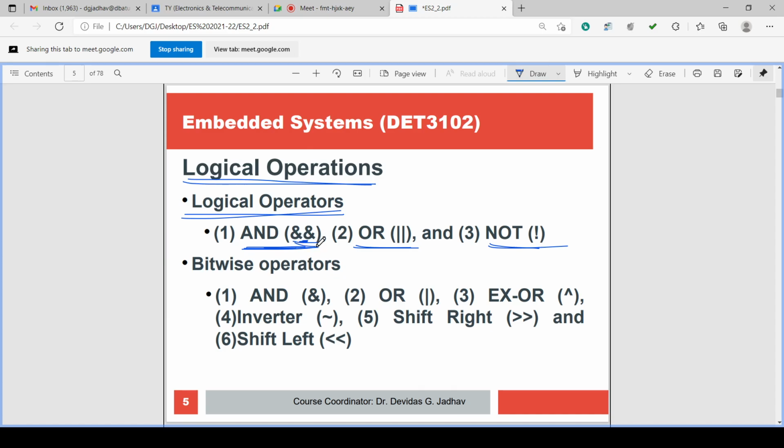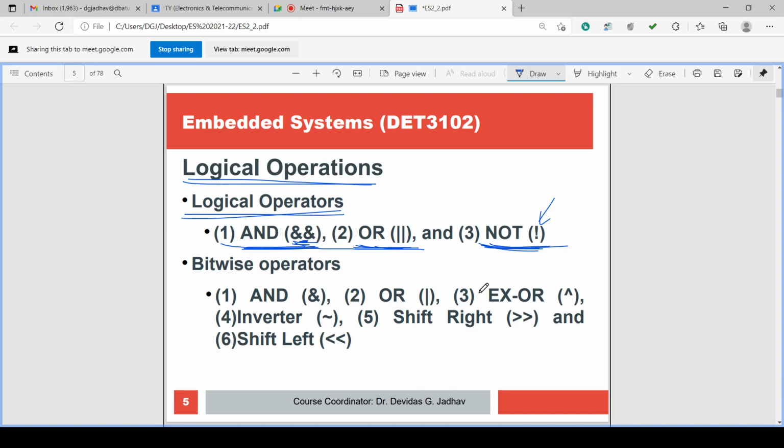On the number 7 button, with shift, it types the ampersand. For the vertical line, it is Shift backslash, near the Enter key. For NOT, on the number 1 button, the shifted operation is the exclamation mark.